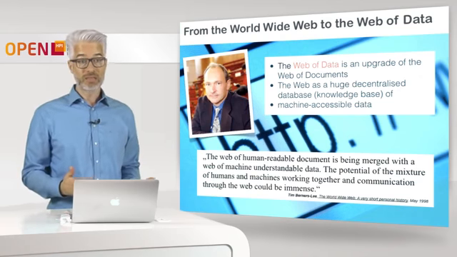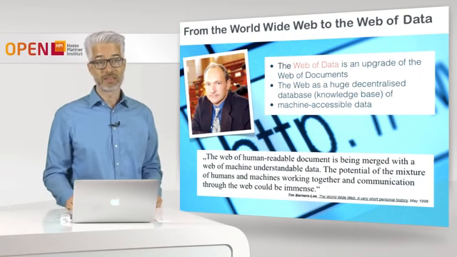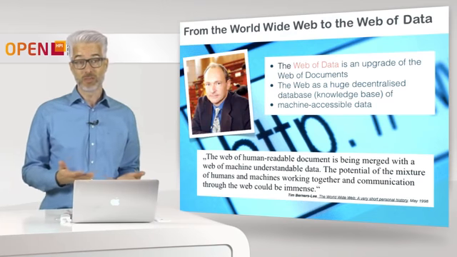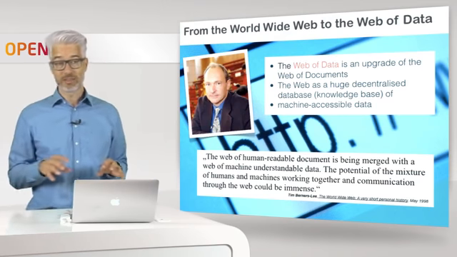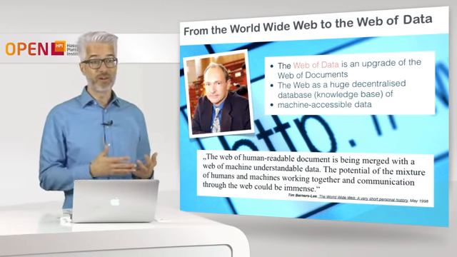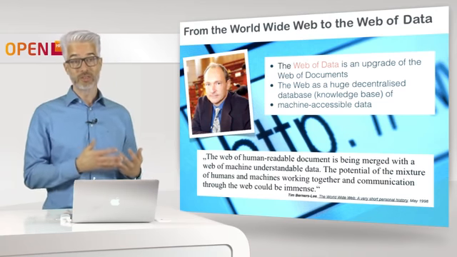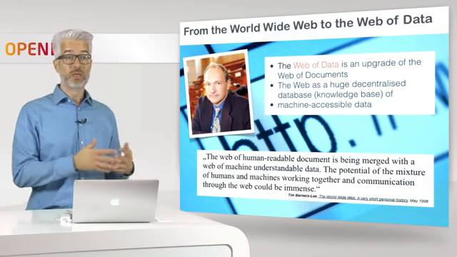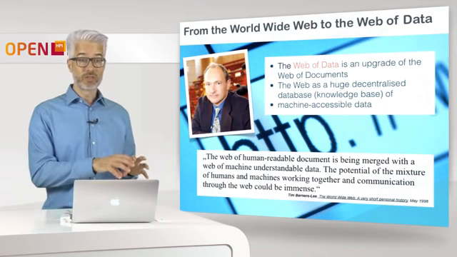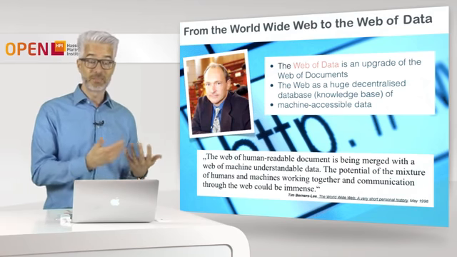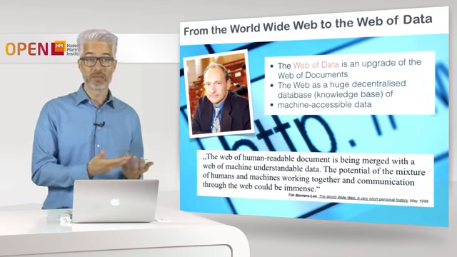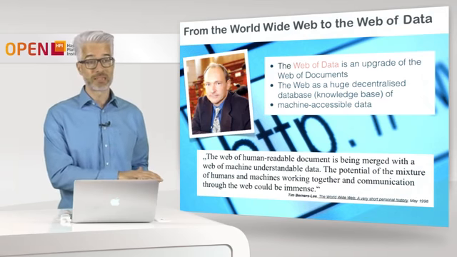So the web has become a huge decentralized database, or moreover a knowledge base, because the data that is represented in the web of data often also is connected to so-called ontologies, which represent the knowledge, the semantics which is contained within the data. So this is kind of machine accessible data.